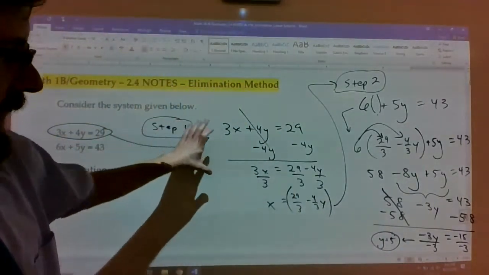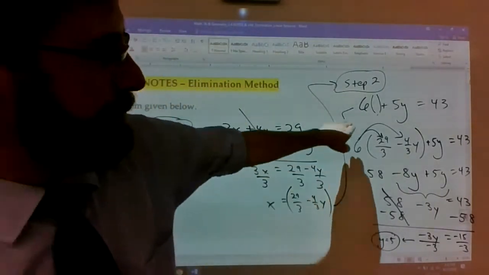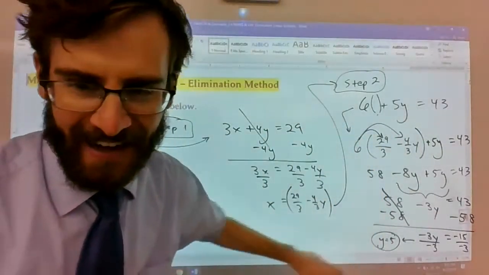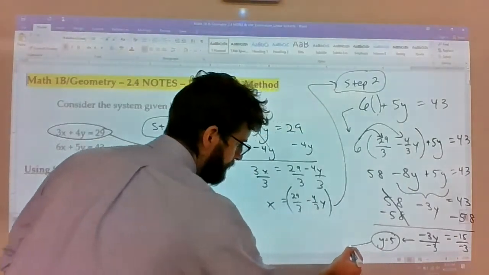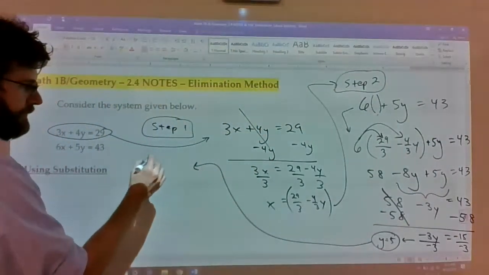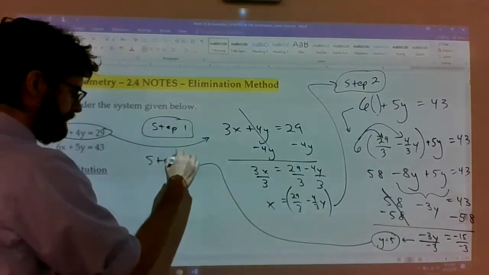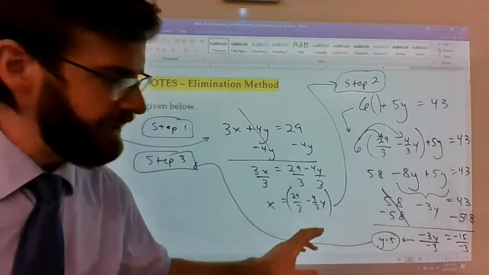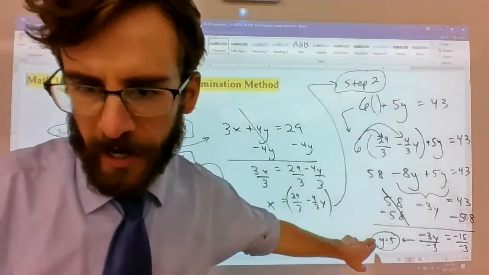So step one, get x or y by itself. Got it. Step two, take the second equation, plug in, solve for the variable. Got it. Step three, take the equation in which x is already by itself and plug in y equals 5 right there.